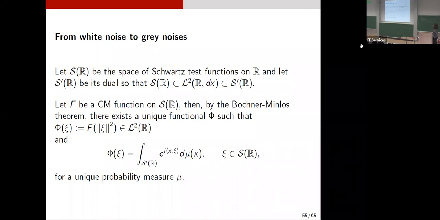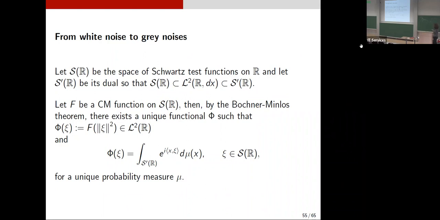And again, crucial in this definition is the property of f being a completely monotone function. So recall the definition here. If I consider f a completely monotone function on the Schwartz space on R, then we can define this characteristic functional, and by means of the Bochner-Minlos theorem, we can find basically an inverse of this functional in the space S'(R) in terms of this unique probability measure mu.